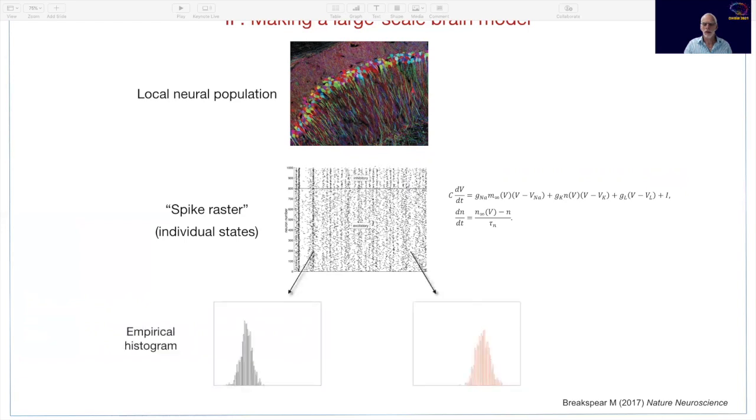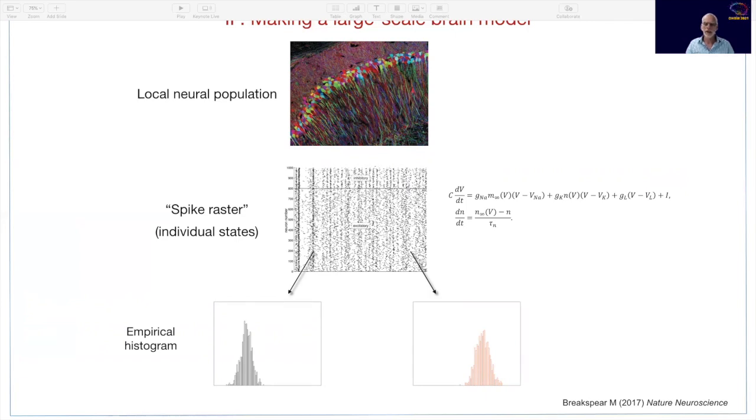And from these, if we want population activity, we just bin this population into little time bins, and then we look at the distribution of membrane potential. And that's one snapshot on the left and a later snapshot on the right.